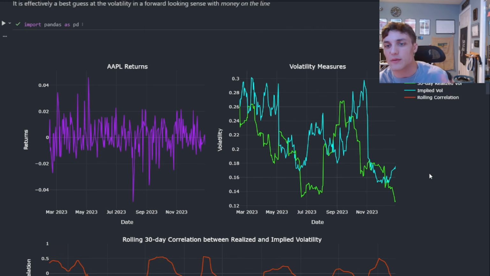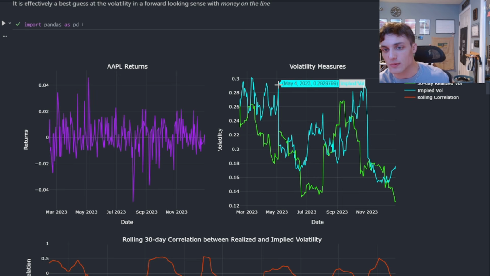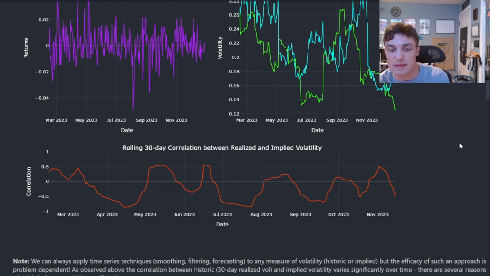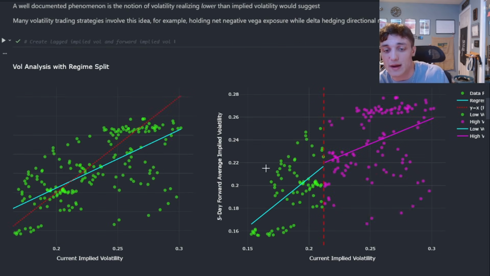But in general, if we look at it in terms of just implied volatility, we're really focusing on this forward-looking measure, then we can see, yeah, well, on average, people tend to, what? Overprice fear. We've talked about this a lot on this channel. It's not a crazy idea. And this is a very simple regression to suggest why that is the case.